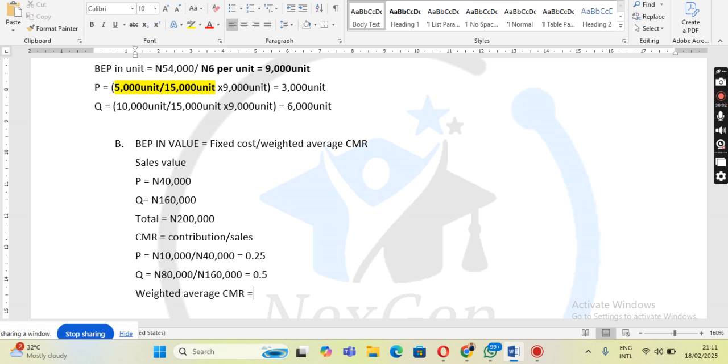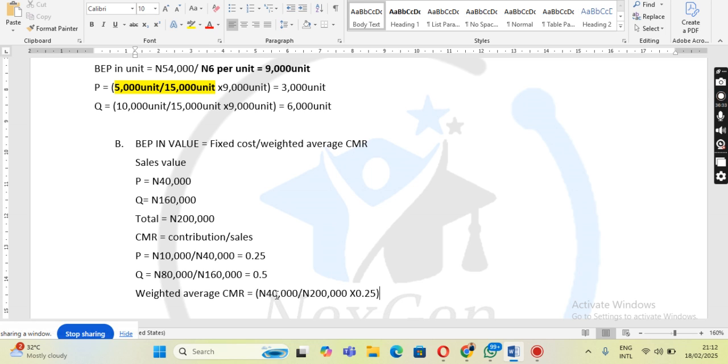The weighted average CMR is equals to, don't forget, you've already gotten your value here. Open bracket, the value is 40,000 divided by the total value, which is 200,000. Why do you have to use value? Because the question says you should look for value. Times the CMR for P, 0.25.